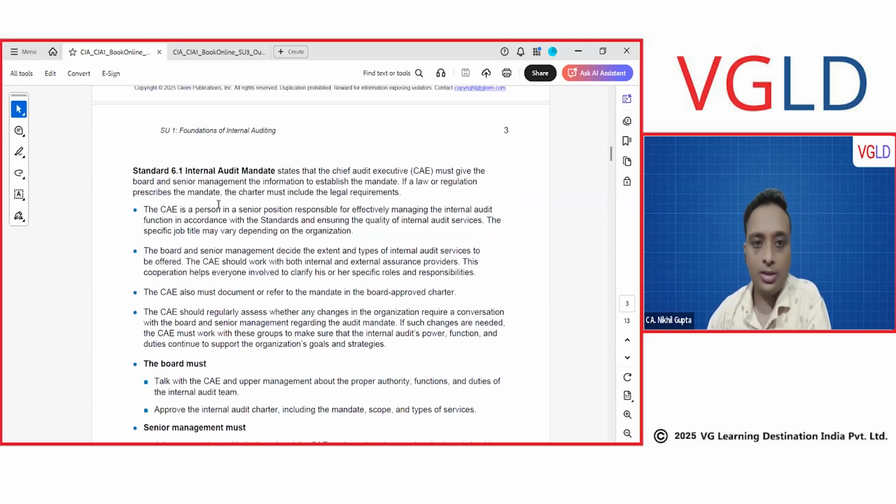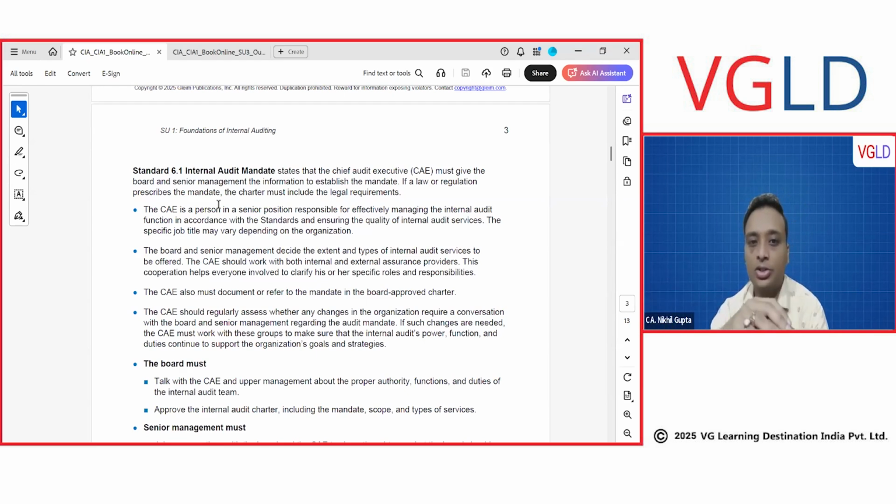Now let's talk about Standard 6.1, which is the internal audit mandate. It says that the chief audit executive must give the board and senior management the information to establish the mandate. So when you are looking into the internal audit mandate, what it states is that your chief audit executive must give the information required.